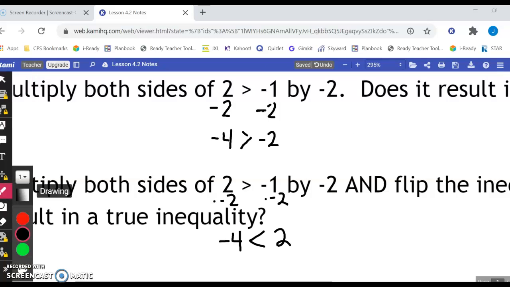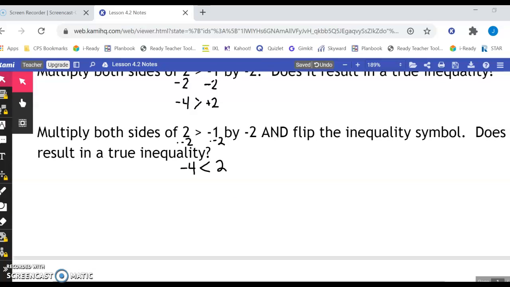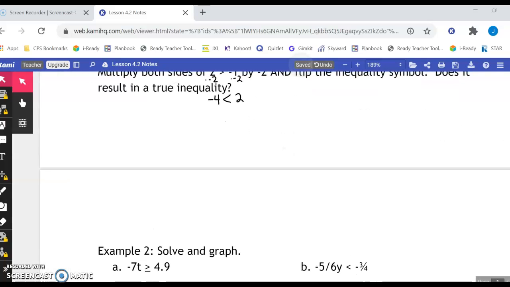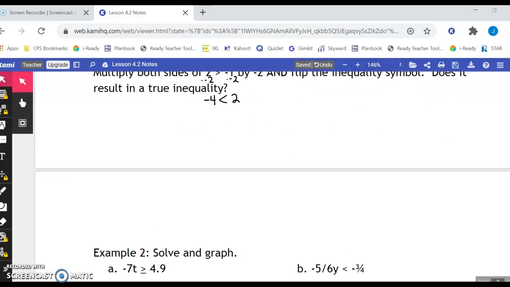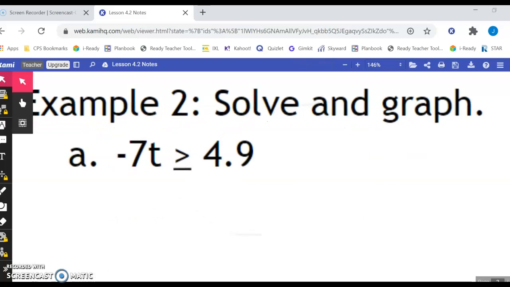That should have been a negative 2, which would have made this a positive 2, but it's still not true up there. Okay. So we multiplied this by negative 2, and we flipped the inequality symbol. Is negative 4 less than 2? Yes, that's true. So therefore, the rule is whenever you multiply or divide by a negative number, you have to flip the inequality symbol to keep your answer true.